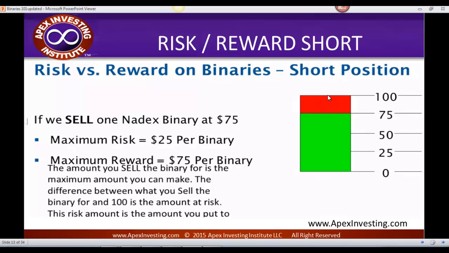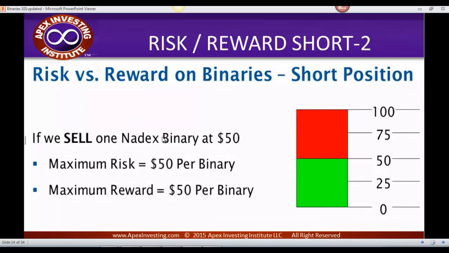If I'm selling it, I'm saying that the market's going to go down. I'm saying that statement is false. So if I sell it for 75 and I am correct and I win, the market goes down, then I have a $75 profit reward potential. If I'm wrong, my risk is the $25 I put up, the difference of 100 to 75. This will take you a minute to wrap your head around because it's the opposite of buying.